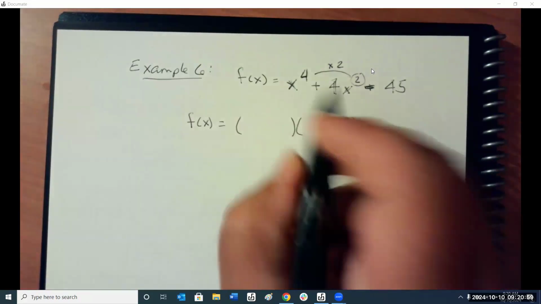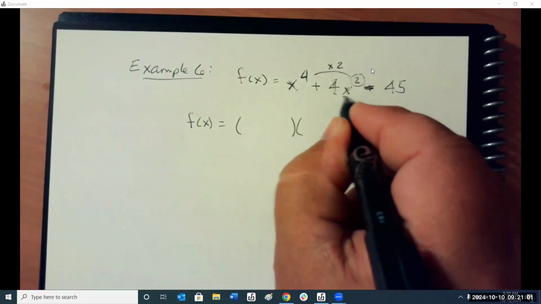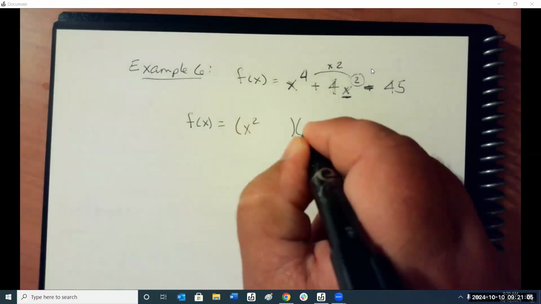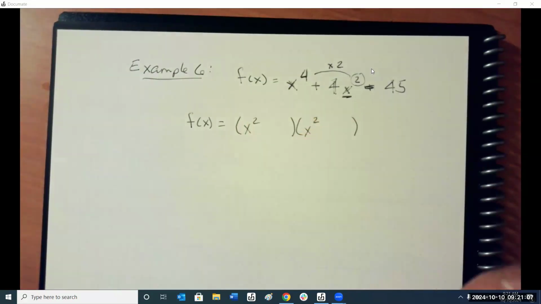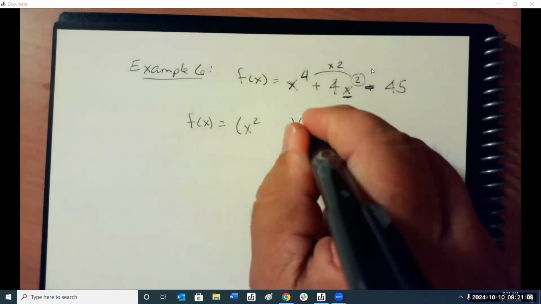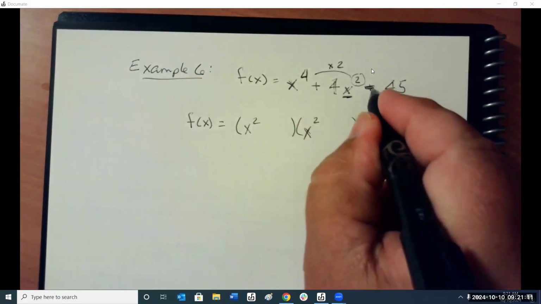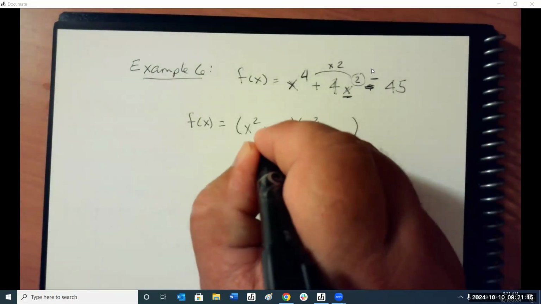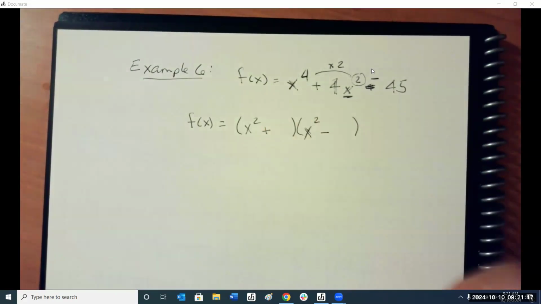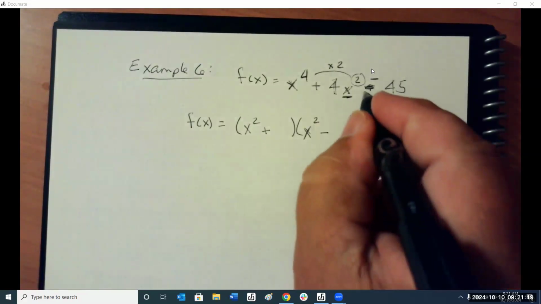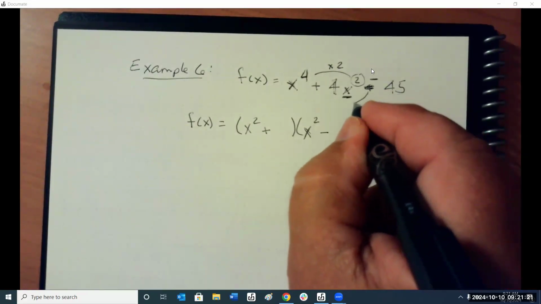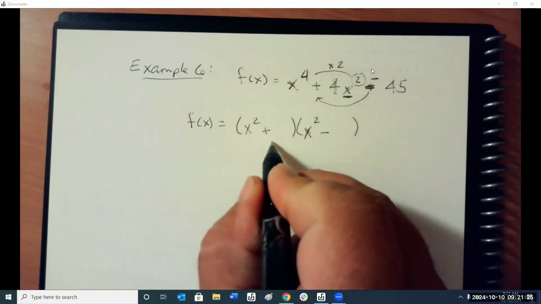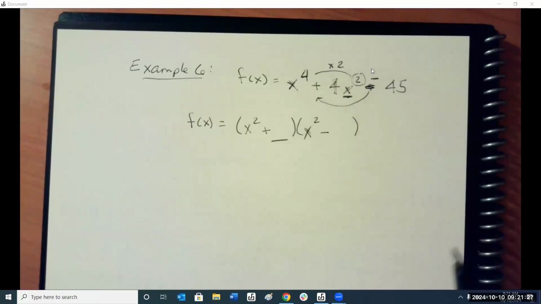Remember, you always solve for the middle variable. So it's going to be x squared. The second sign is a minus, so that means they're opposite signs. And since it's a minus in the second sign, look at the first sign. It tells us that the bigger number will go in the positive.